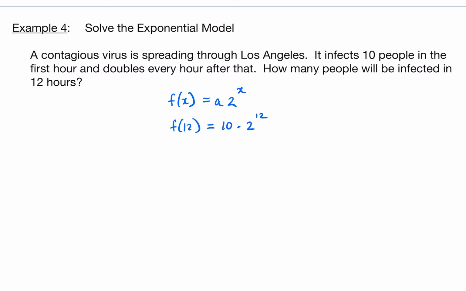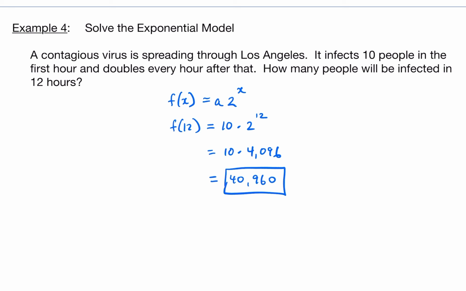So 2 to the 12th power, if you punch this in the calculator, comes out to, let's see here, 4,096, which means that it's going to affect 40,960 people in 12 hours.